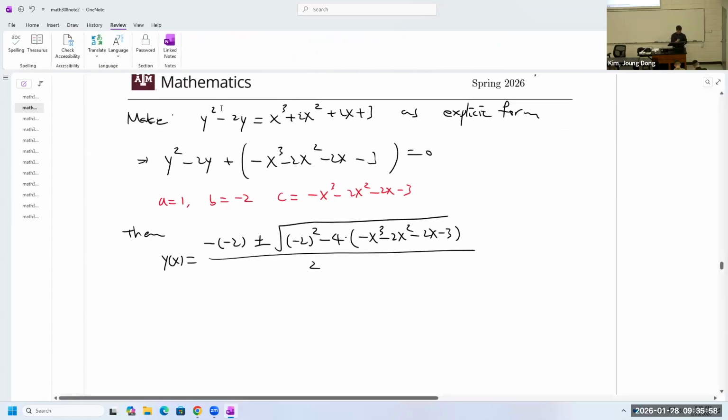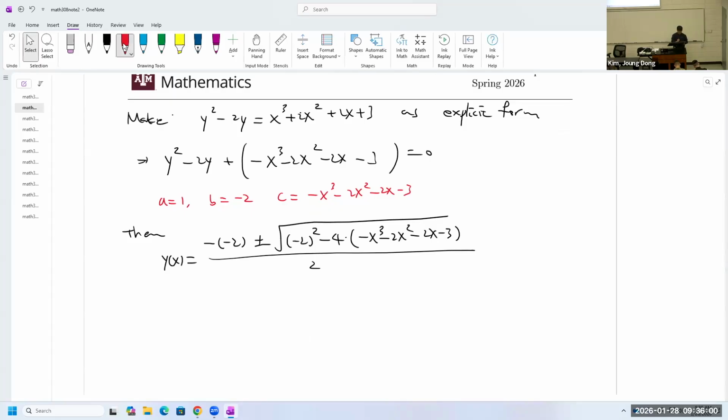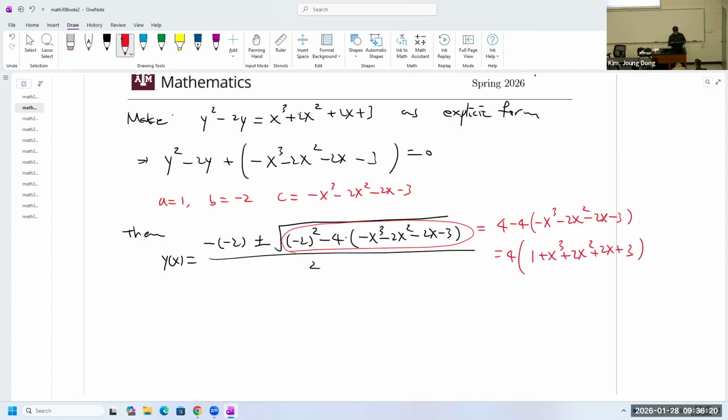Now, let me try to simplify what is under the square root first, okay? So look at this. That is equal to 4 minus 4 times (minus x cubed minus 2x squared minus 2x minus 3). Which means if I factor out 4, it is 4 times (1 plus x cubed plus 2x squared plus 2x plus 3). Are we with me so far?